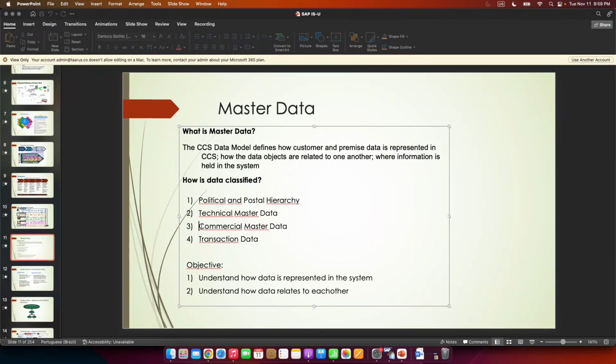Or let me deviate from utilities. Let's go to a different business process to really understand what technical master data is.